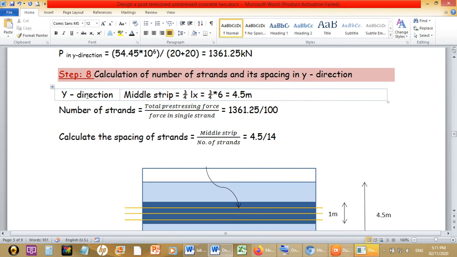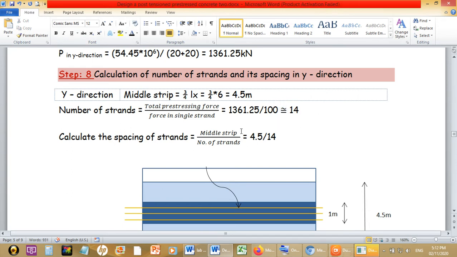The length of the middle strip in y direction is 4.5 meter. The number of strands in y direction is the total prestressing force divided by the force of a single strand. The total prestressing force we calculated as 1361.25, divided by the capacity of a single strand, 100. So the total number of strands is approximately 14.